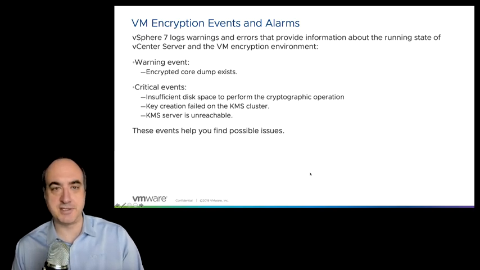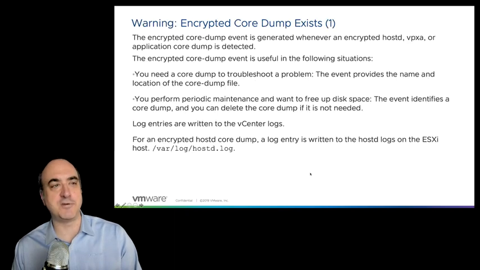Well, there's an alert for that. If you're having a key creation issue on the KMS, it'll get recorded in the vSphere client. And if the KMS server is unreachable, which is a huge issue with regards to encryption, we'll be notified of that. So these are some of the important critical events to watch out for.